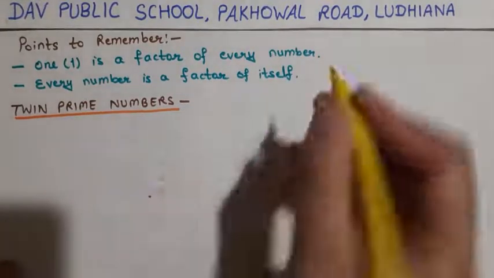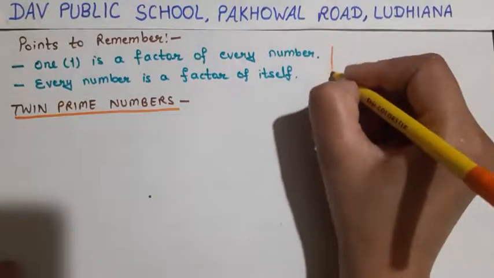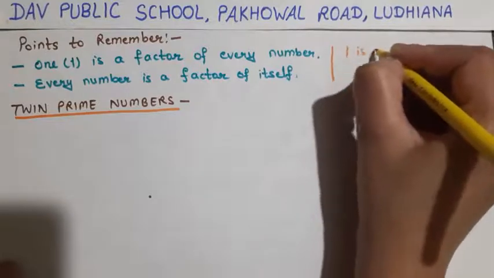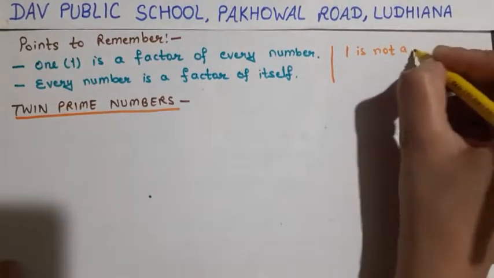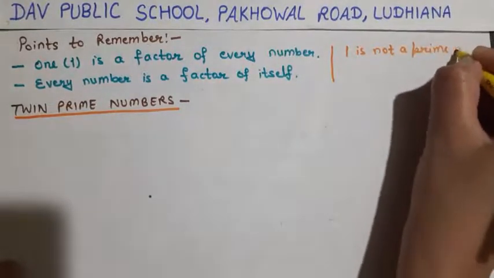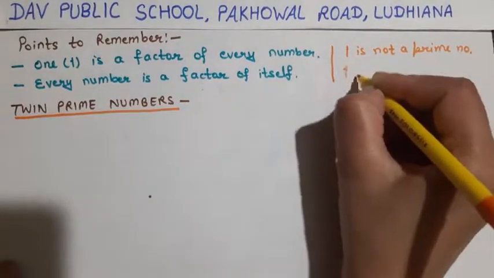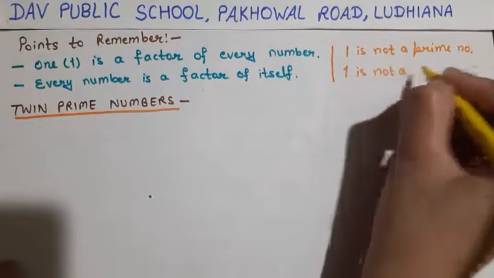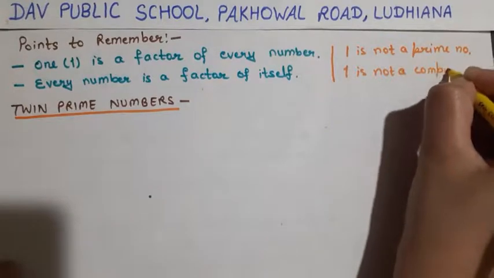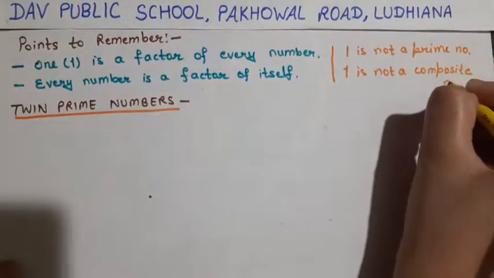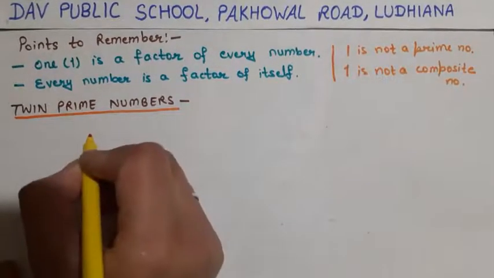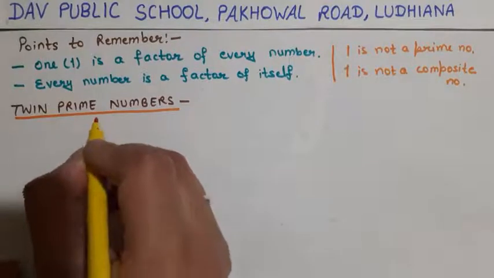And I can write here, 1 is not a prime number, and also 1 is not a composite number. Remember it. So prime numbers start from 2.